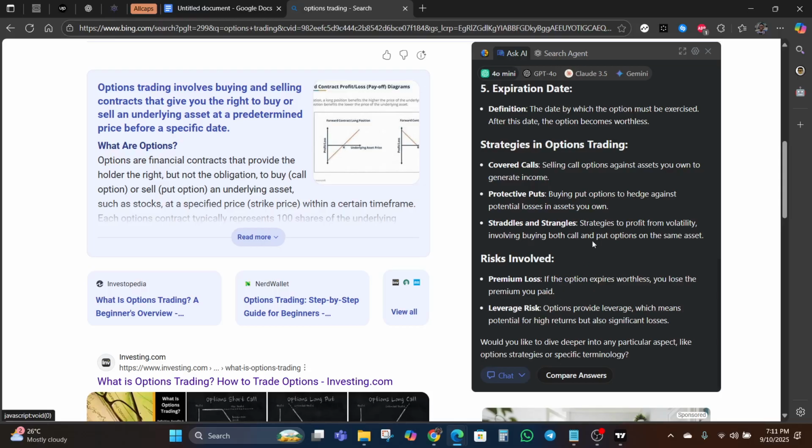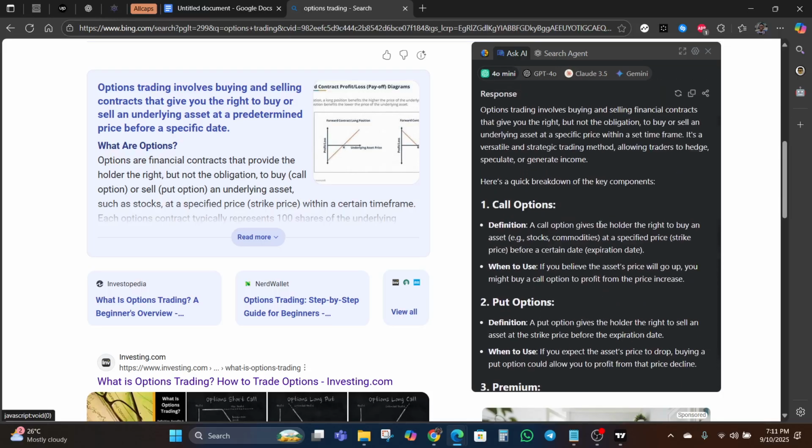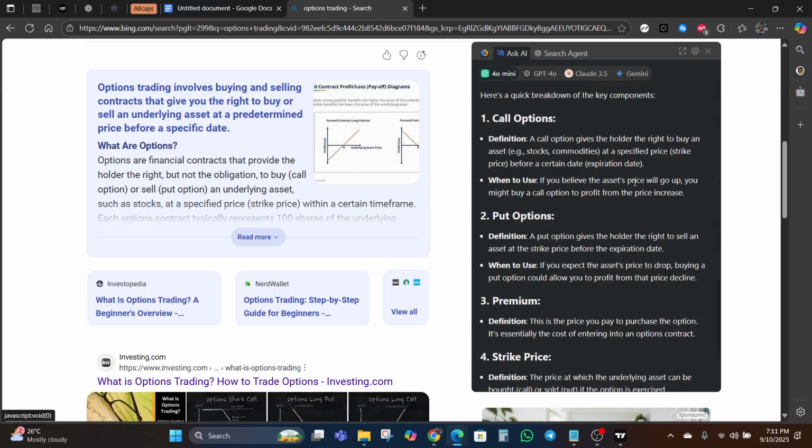A put option, on the other hand, gives you the right to sell an asset at a certain price. Just simple definitions. These two building blocks form the core of options trading.